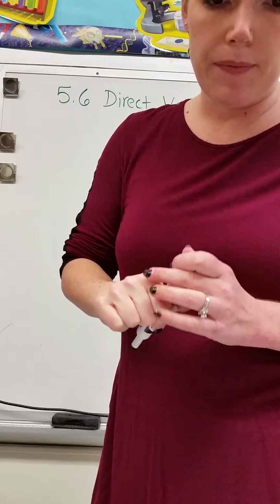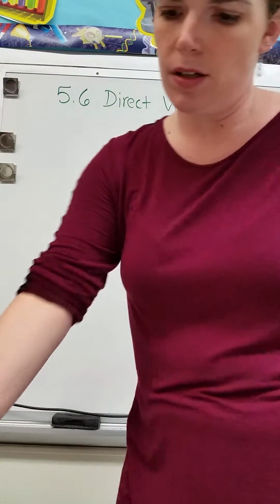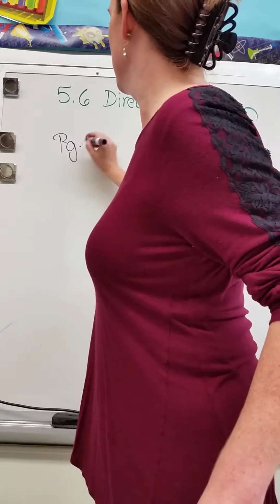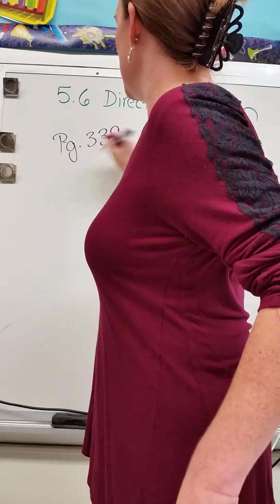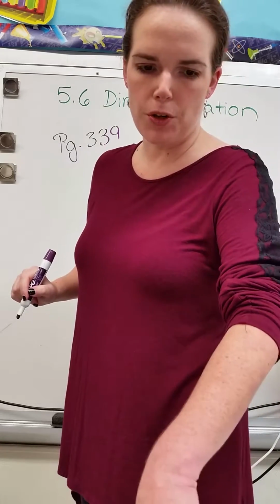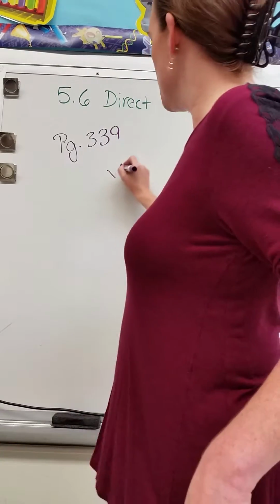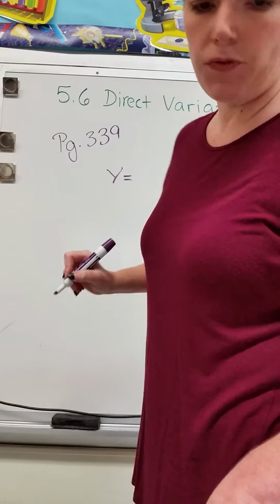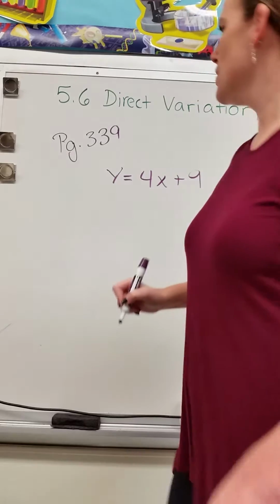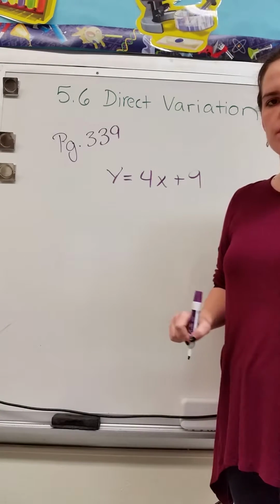So let's see. I'm on page 339. And if I look at number 2, it says y equals 4x plus 9. And they want to know, is that a direct variation?